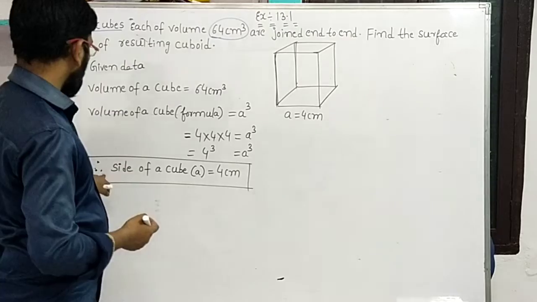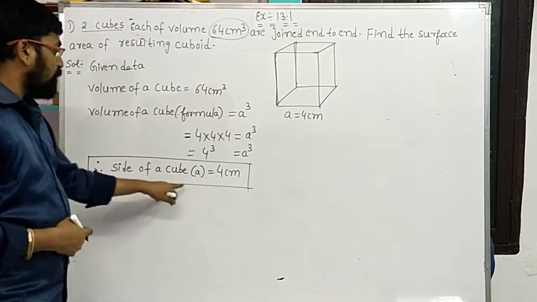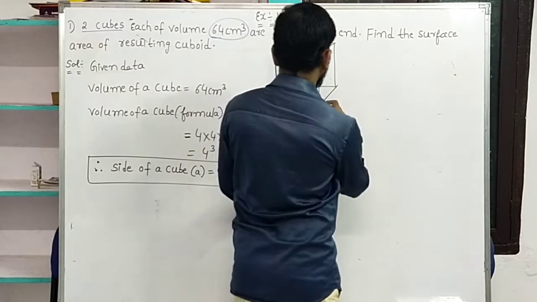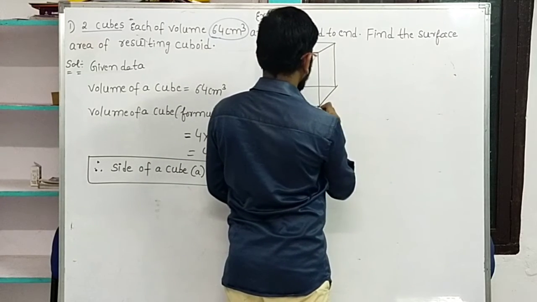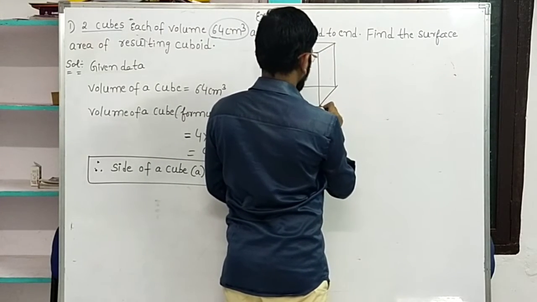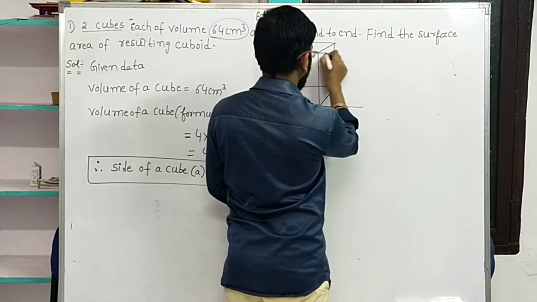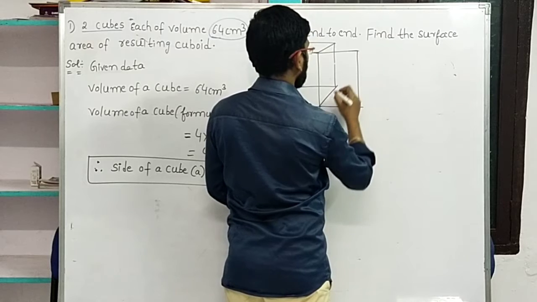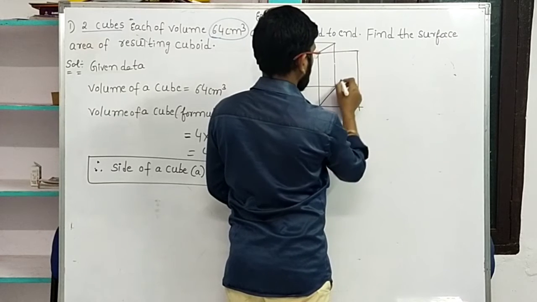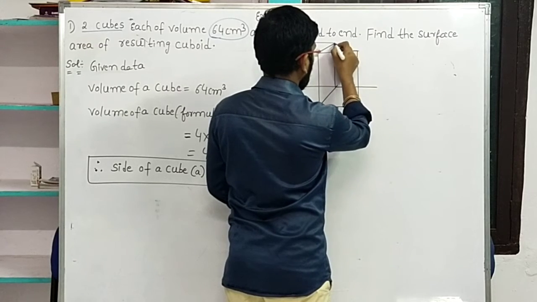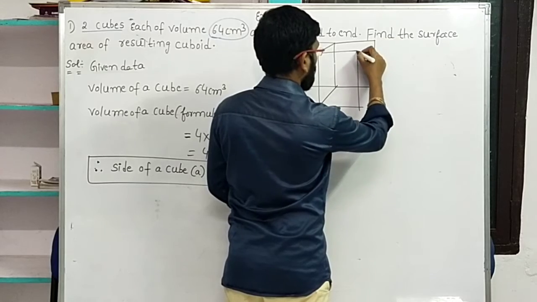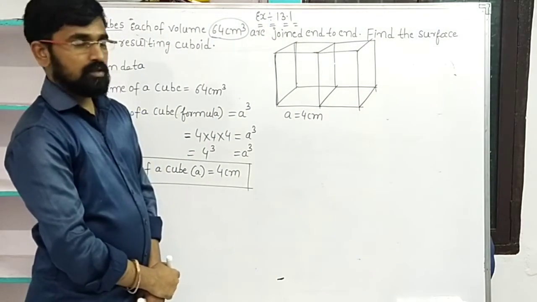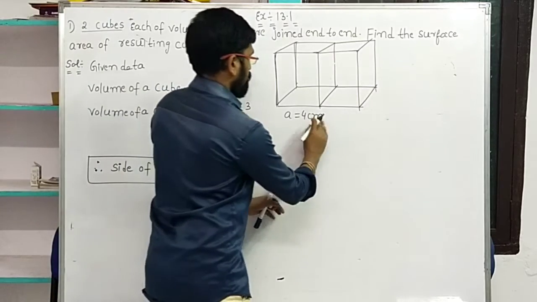Two cubes. So we got the side of a cube, A equals 4 centimeters. The same cube we need to draw. Same cube we want. So these are two cubes.